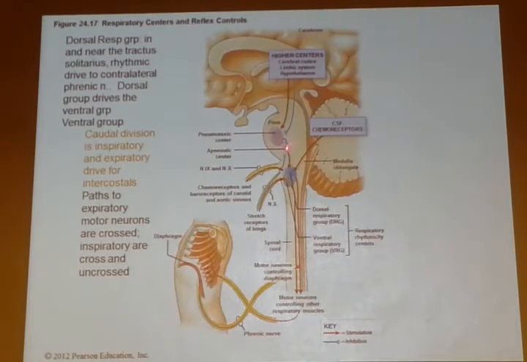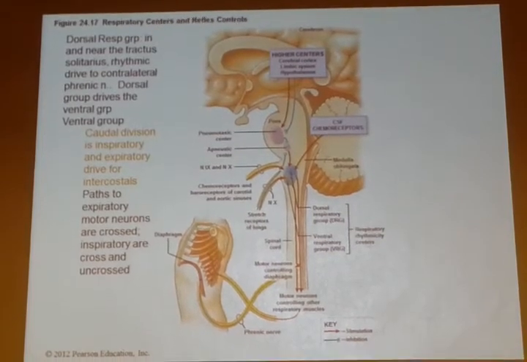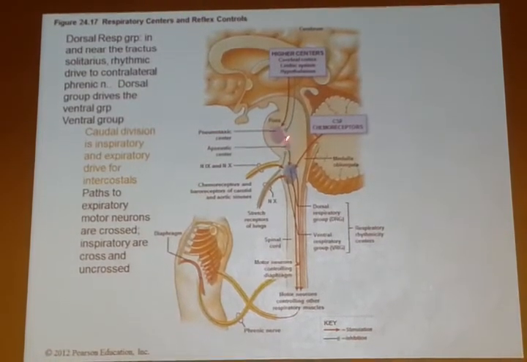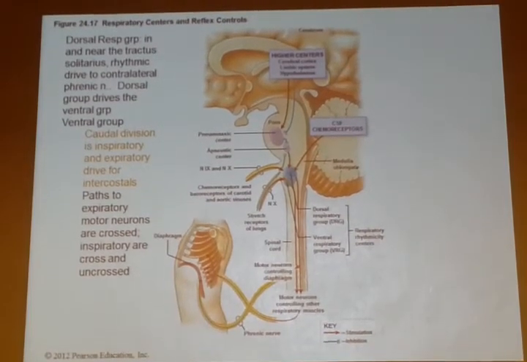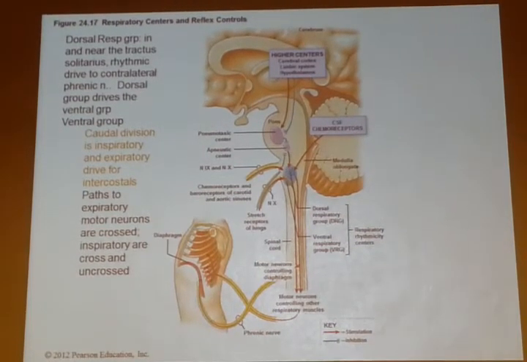The pneumotaxic center is going to be inhibitory of the apneustic center. So we've got double parallel lines there. That means inhibition. So what does the apneustic center do? It excites the respiratory rhythmicity center in the medulla. So actually, work backwards if you want to understand that. What does the respiratory rhythmicity center do?